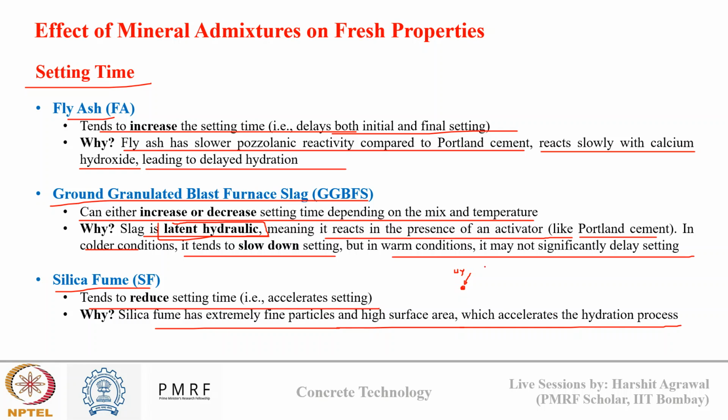So it will accelerate the leaching of calcium hydroxide from OPC, and it will accelerate the formation of CSH on its surface. Okay, so that's why we say that it reduces setting time, while fly ash increases setting time. So the key contributor here is the reactivity of the material and the fineness of the material also.